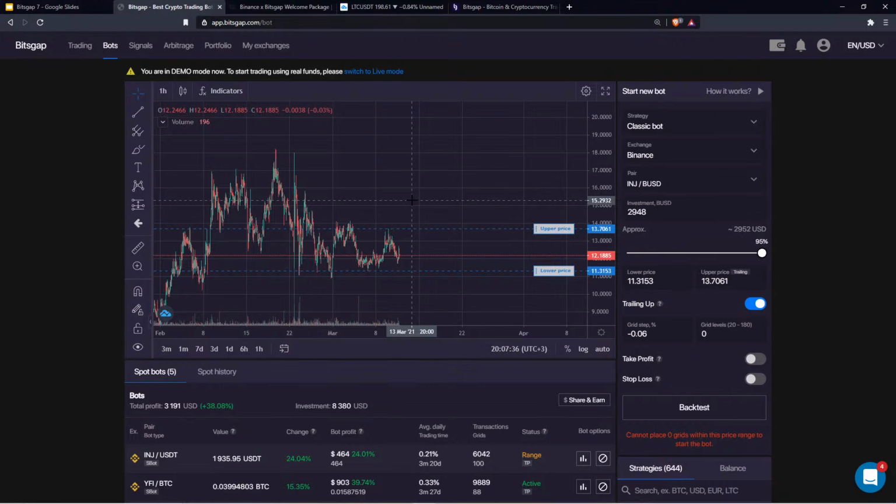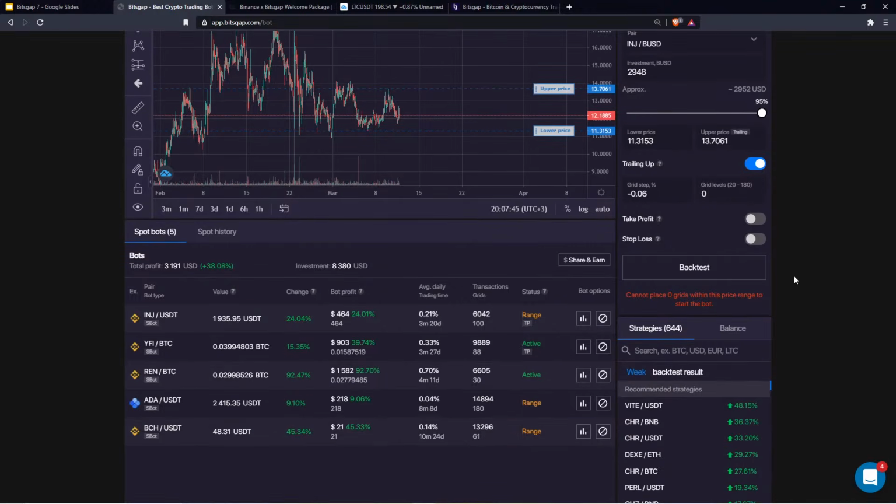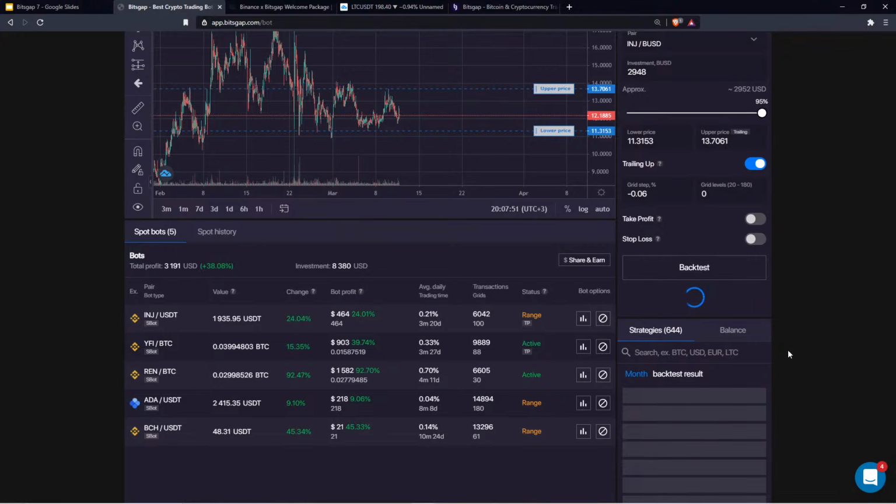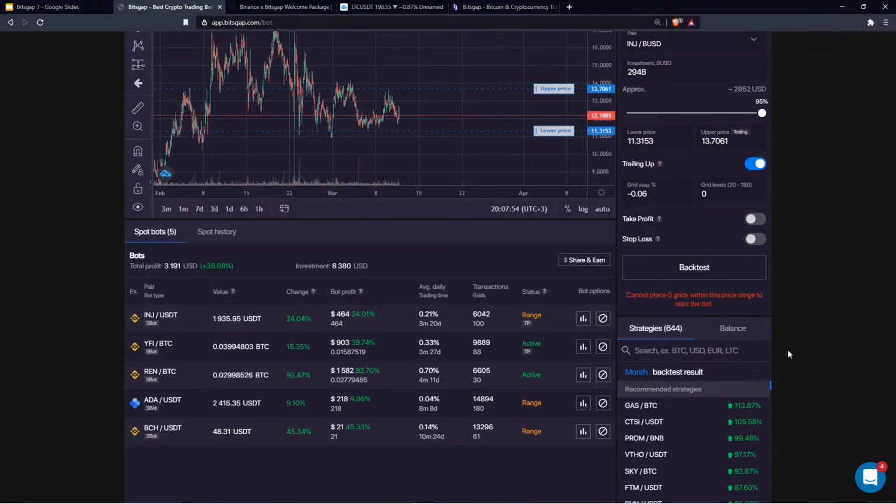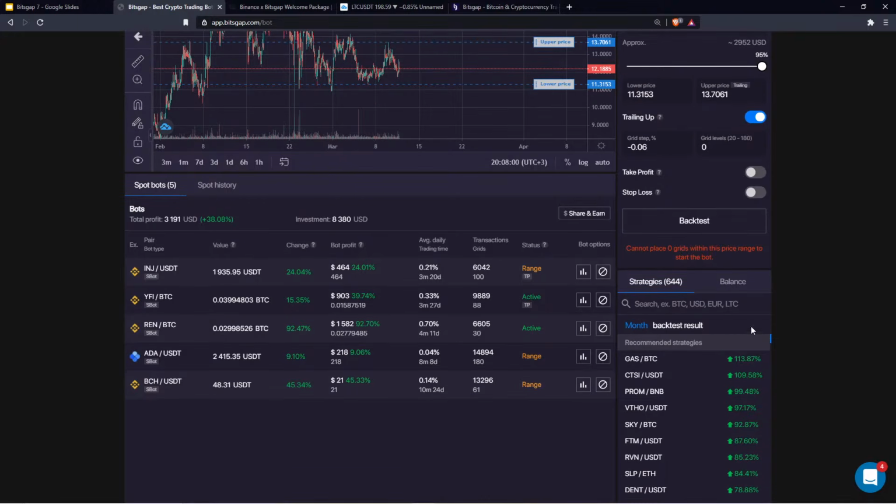So when it comes to choosing the bots, is it better to rely on monthly, daily or weekly results? As a rule of thumb, the more time we have, the better. Monthly result means that 30 days have passed. The more days passed, the more data we have to analyze, and long-term analysis is always better than short-term analysis.